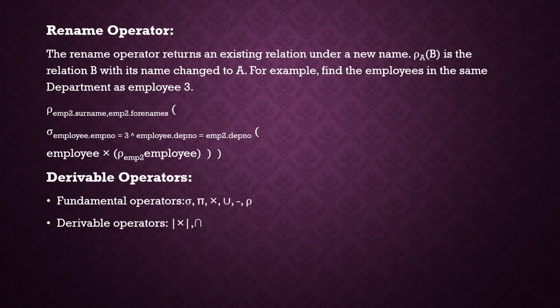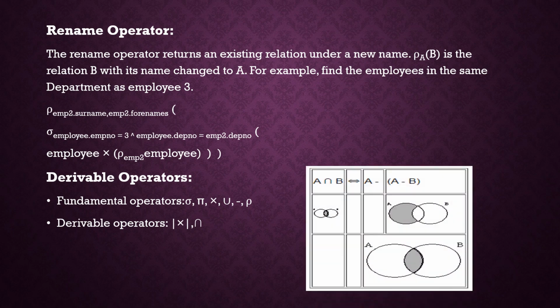Next, derivable operators. Fundamental operators are sigma, pi, join, union, minus and rho, and derivable operators are join, that means theta join, and intersection. See, this diagram explains derivable operators. Under fundamental operators, sigma is to select a subset using some condition, and project or pi is to get a subset of the given set, and join is to join two tables or to get the cross product also.